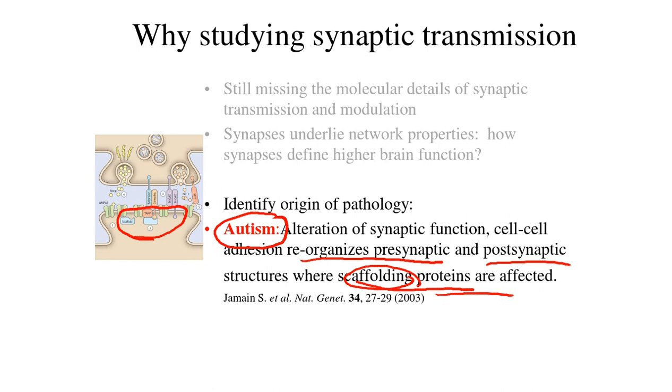So if we know that some molecules of this protein, for example, are not functional, or their position is changed, we can test their effect in a rational simulation.